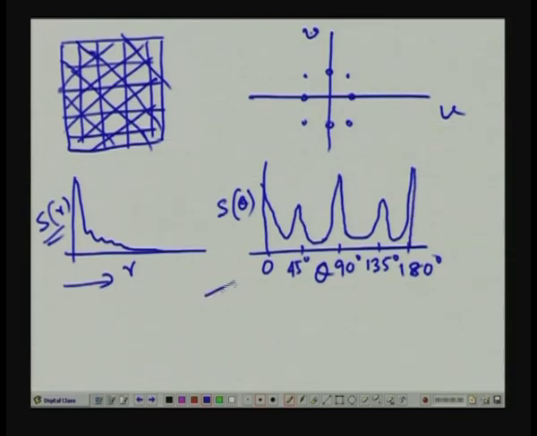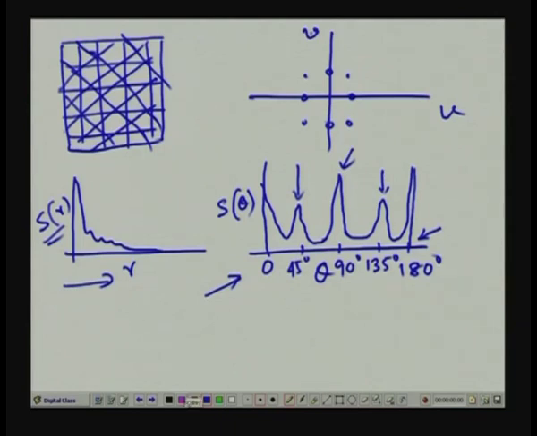So, it clearly shows that we have the periodic nature of the pattern in the horizontal direction with theta equal to 0. We have the strong periodic nature in the vertical direction, that is theta equal to 180 degree, and we also have theta equal to 90 degree, and we also have stronger periodic patterns in the two diagonal directions, that is theta equal to 45 degree and theta equal to 135 degree.